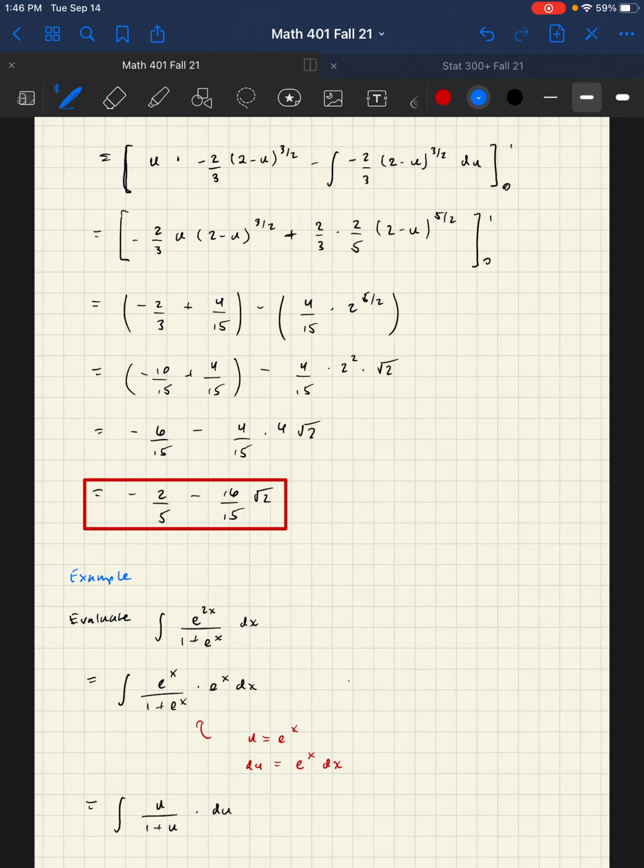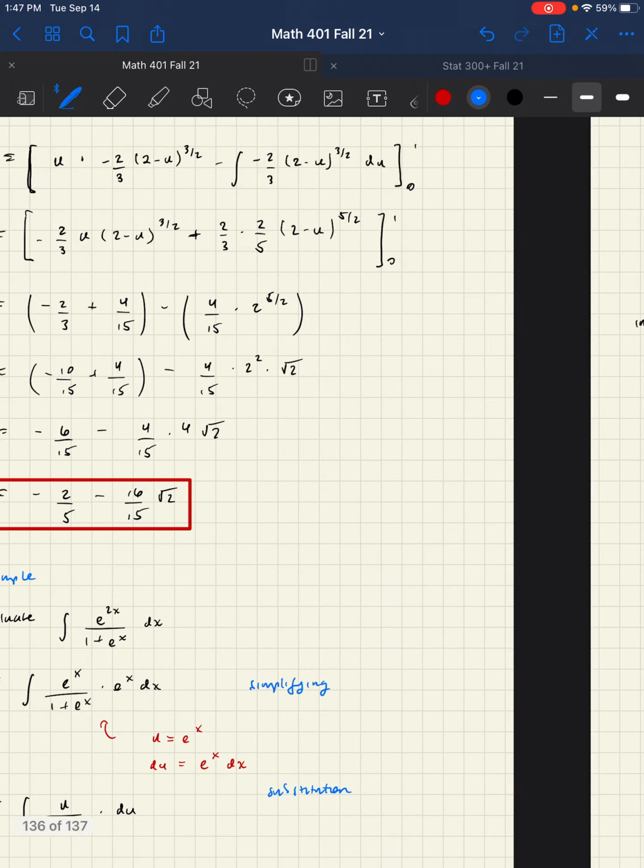Now let's revisit what went on in this problem. We split off an e to the x. So we're simplifying, though it's not really simplifying in the sense of writing it in a simpler form. We're rearranging and performing some algebra to make it work for us by applying a substitution.